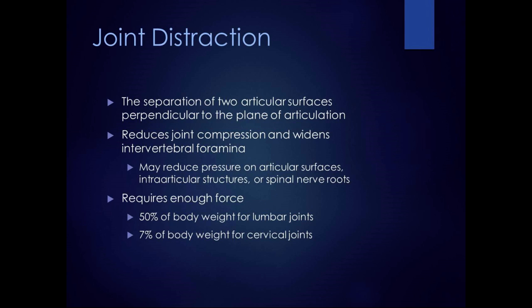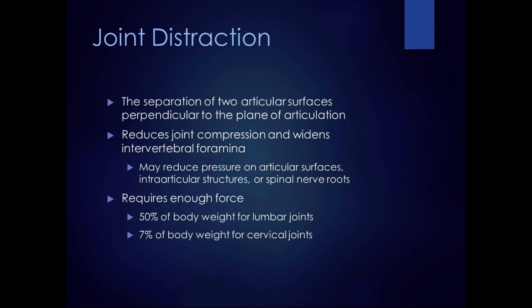So if you have pressure on articular surfaces, interarticular structures, or spinal nerve roots, joint distraction using any type of traction can reduce pressure on those things. So a lot of times by reducing the pressure, you also reduce the pain and associated symptoms.